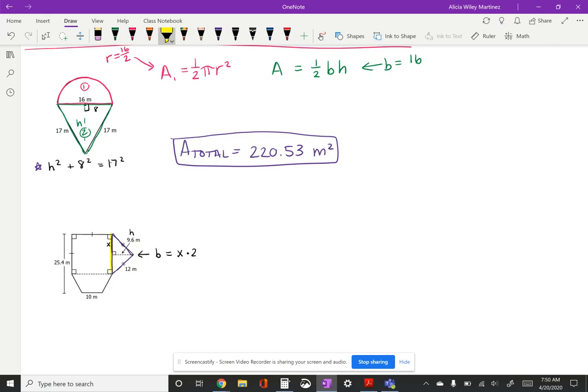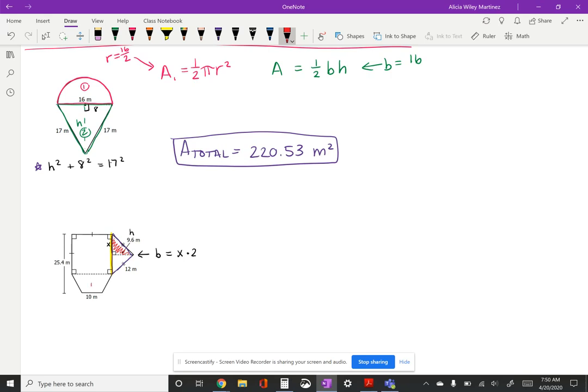So you'll use the Pythagorean theorem on just this part here to find the base, and then you would double it to find the whole base of the bigger triangle. Or you can find the area of the half triangle and just double it, right? There's that too. But you are going to have 3 regions.